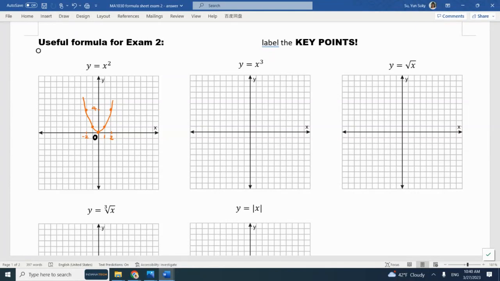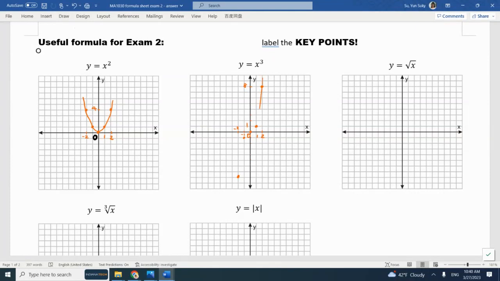X cubed. What are the key points? (0, 0), (1, 1), (2, 8). And then (-1, -1), (-2, -8), right?